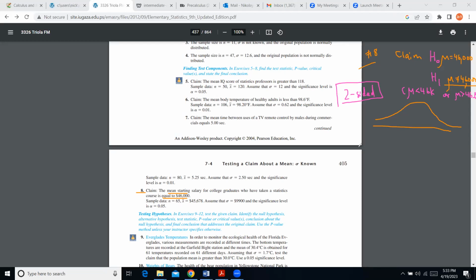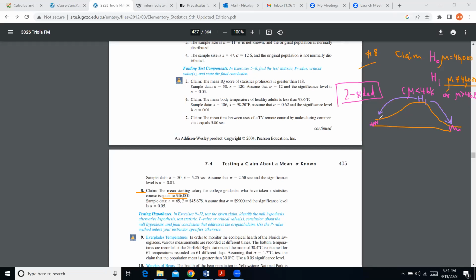But of course, I'm going to go ahead and solve this problem by making a two-sided picture of the H1, the so-called alternative hypothesis, H index 1. In some books, they say H index A for alternative, but H0, H1 is kind of standard.